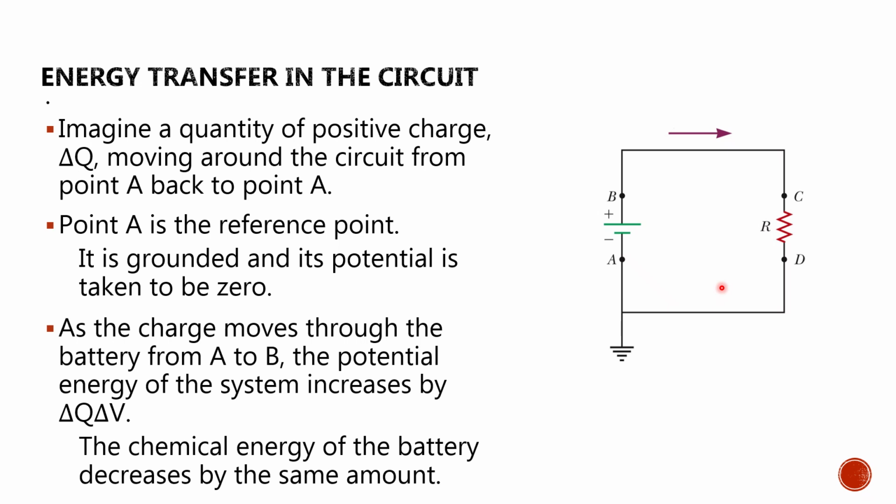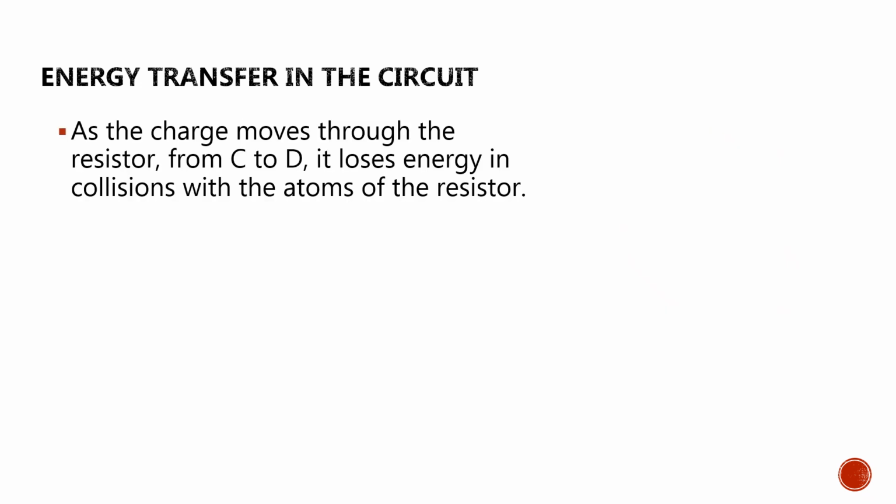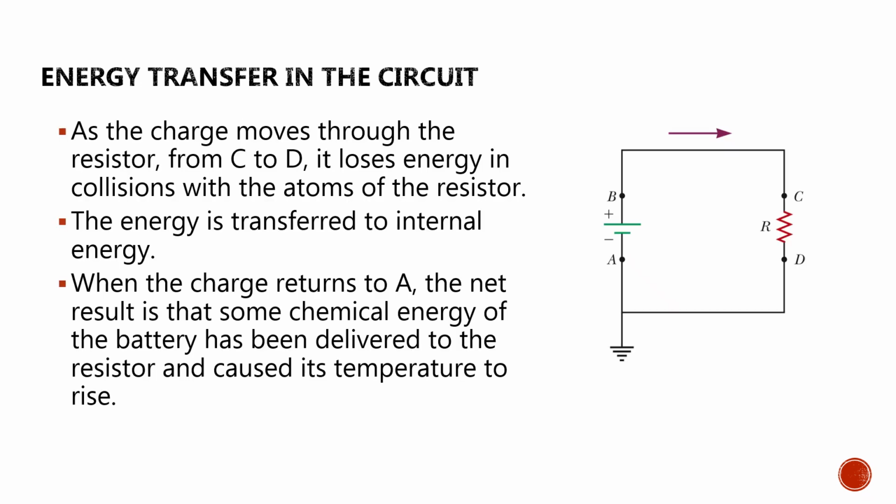That's why wires get hot, because of the loss of energy brought about by the collisions with atoms in the resistor. Some of the chemical energy of the battery has been delivered to the resistor and caused its temperature to rise, from chemical energy to thermal energy.